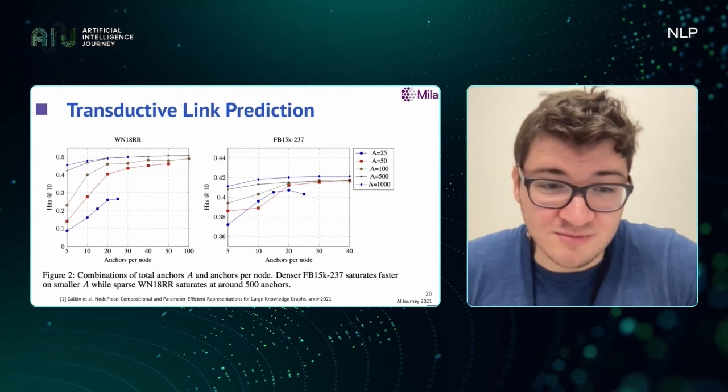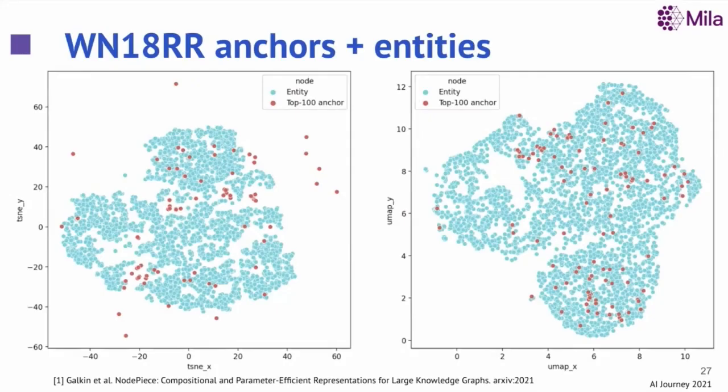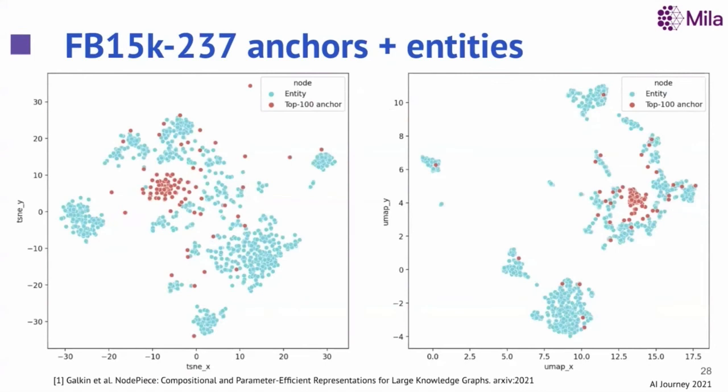Stronger graphs need more anchors, but the number of anchors per node is also saturated at a factor of 20 to 30. If we look at the visualization of trained entities, we will see that anchors actually identify the community in a way. Color-coded red, we see the anchors, and color-coded blue are the reconstituted nodes.